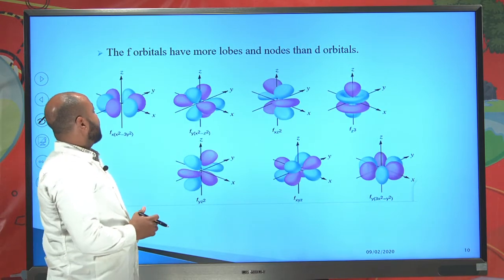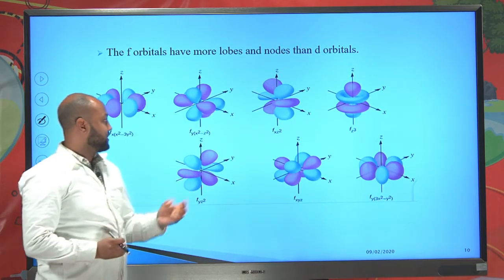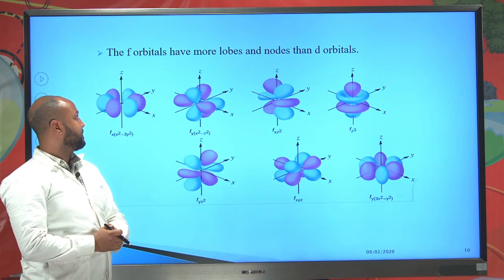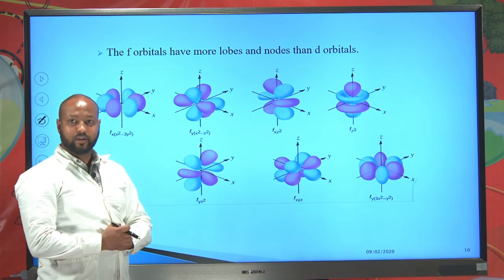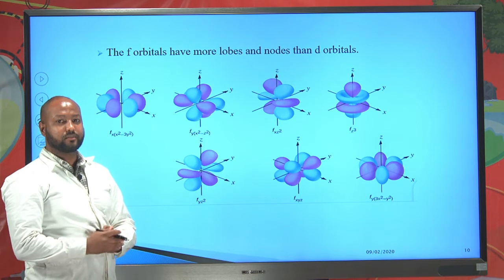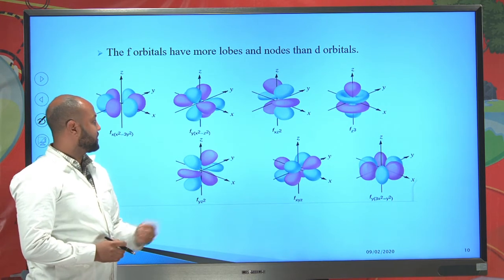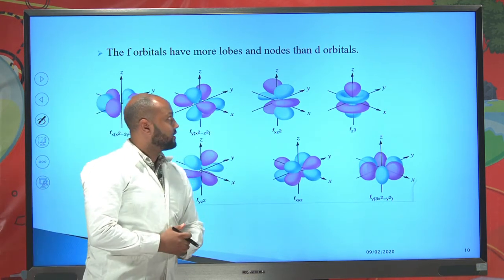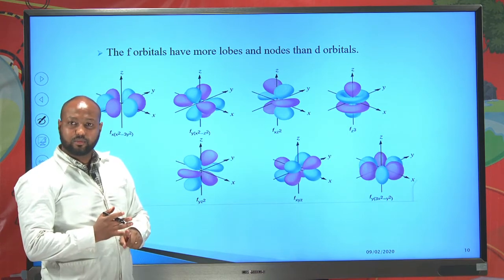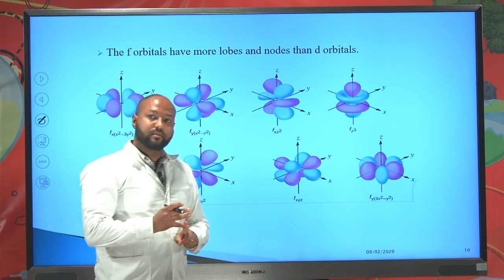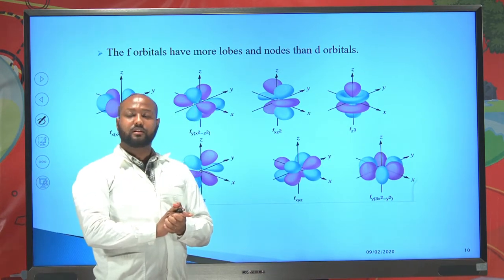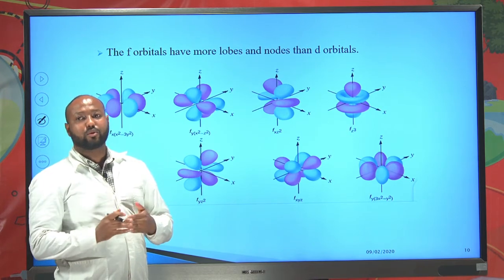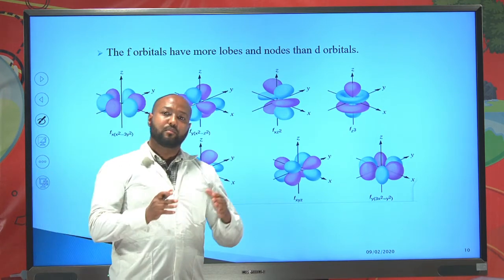The next one is the f orbital. As you see, the f orbital has more lobes and nodes than the d orbitals. It has a very complicated shape. Generally the d orbital is more complicated than the p orbital, and the f orbital is the most complicated.